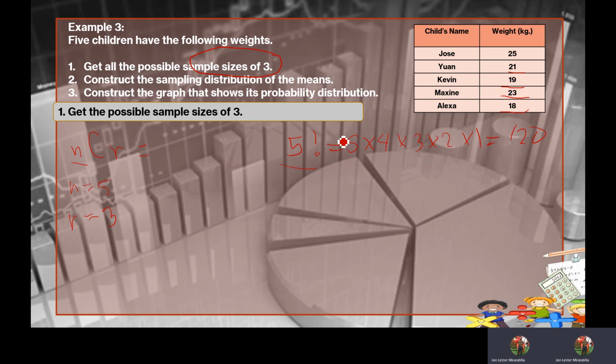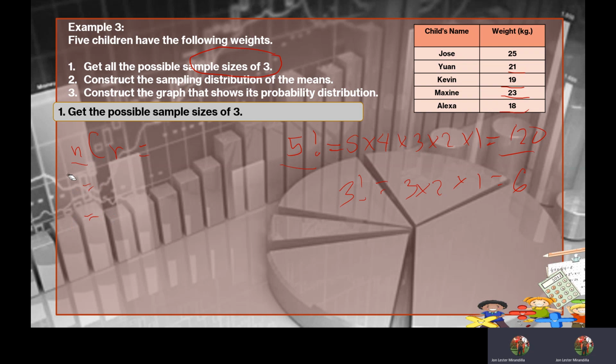Therefore, 5 factorial is equal to 120. Then yung R is 3. So, 3 factorial. Paano ba itong 3 factorial? 3 factorial is 3 times 2 times 1, is equal to 3 times 2, 6, times 1 is equal to 6. So 3 factorial is equal to 6.